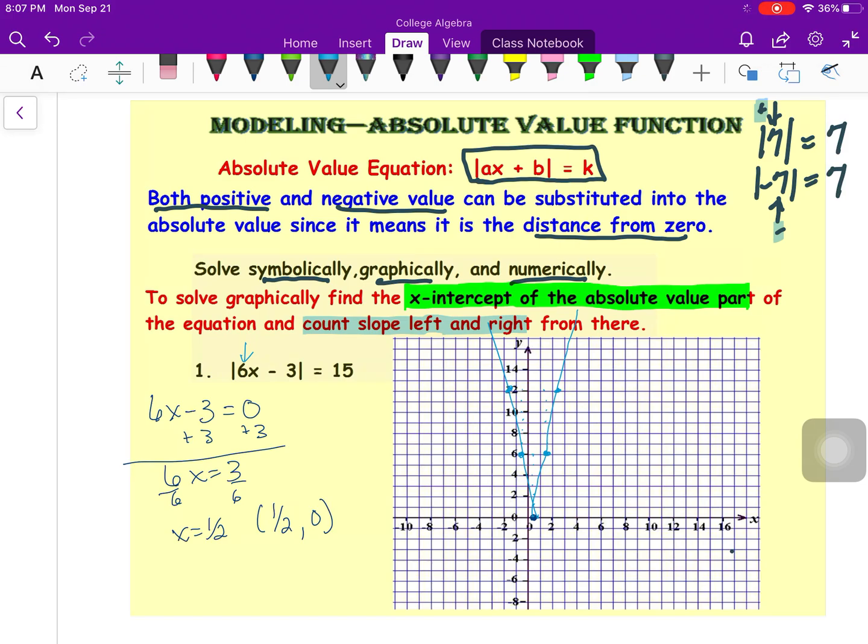So there's my absolute value. So there's my y1. Then I'm going to do 15 as my y2. So here's my y equals 15. And if I look and I bring these down to the x-axis, I get 3.